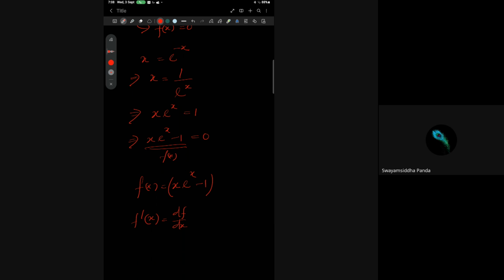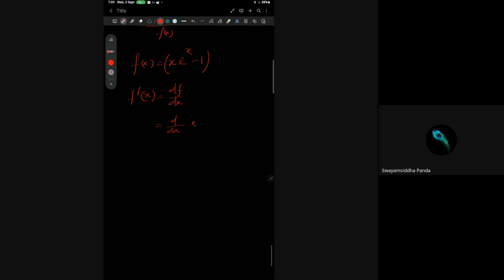Differentiation with respect to a constant is 0, right? So this is basically equal to d by dx of x e to the power x. Apply the UV formula. d by dx of uv is equal to what? u dv by dx plus v du by dx.